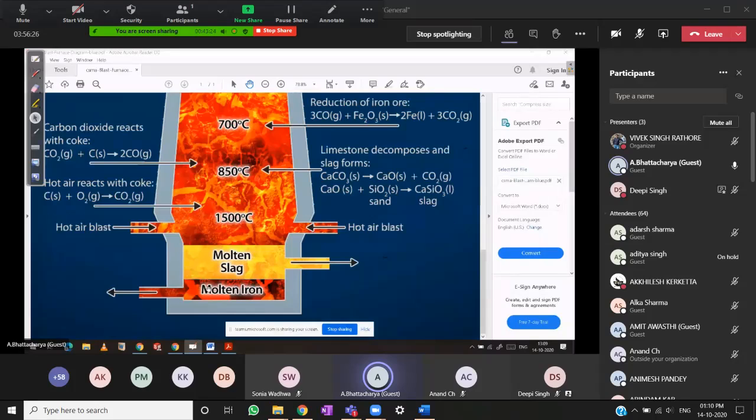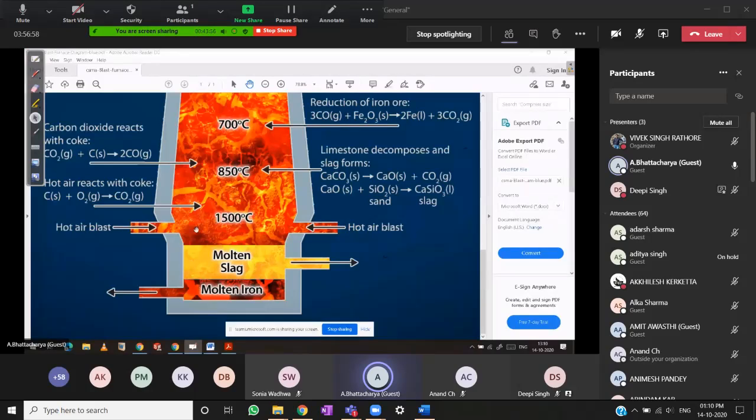So it trickles down into this hearth as molten iron, and slag also trickles down and forms an impermeable layer. Because it is lighter than iron, it floats on the iron. And it has another important function: it isolates the iron from air, otherwise it would get oxidized again.